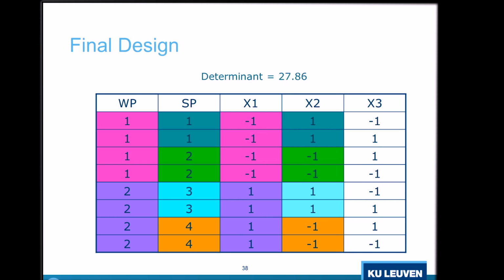And all the time, the coordinate exchange algorithm makes sure that the split plot structure of the design is respected. And eventually, we get the design on slide 38, the determinant of which is nearly 28. And that design turns out to be the d-optimal design for the main effects model in one very hard to change factor, one hard to change factor, and one easy to change factor.